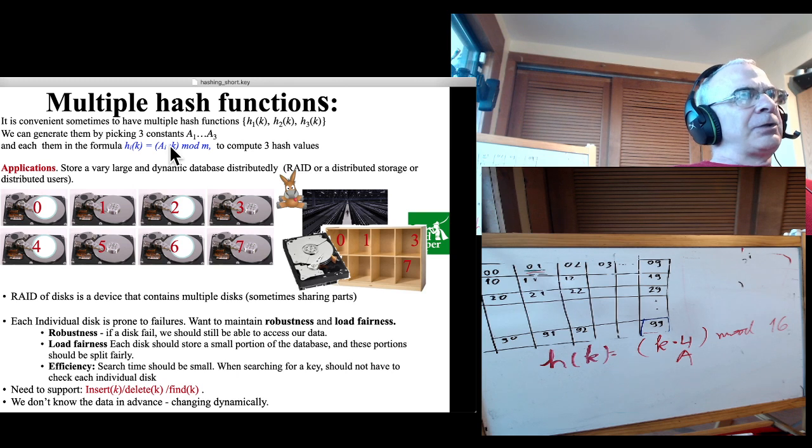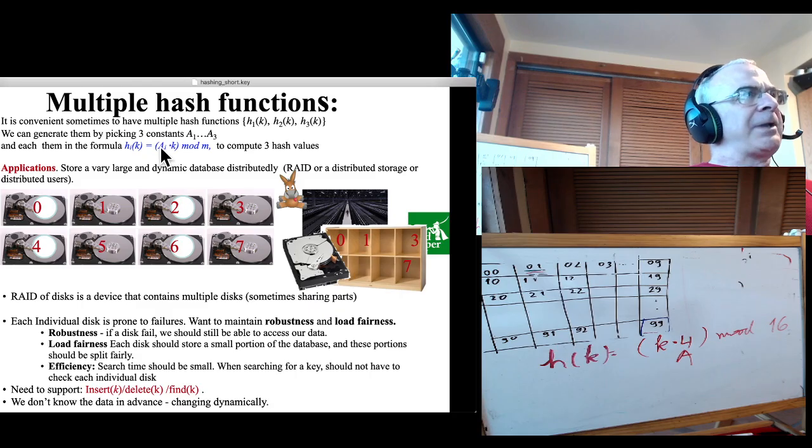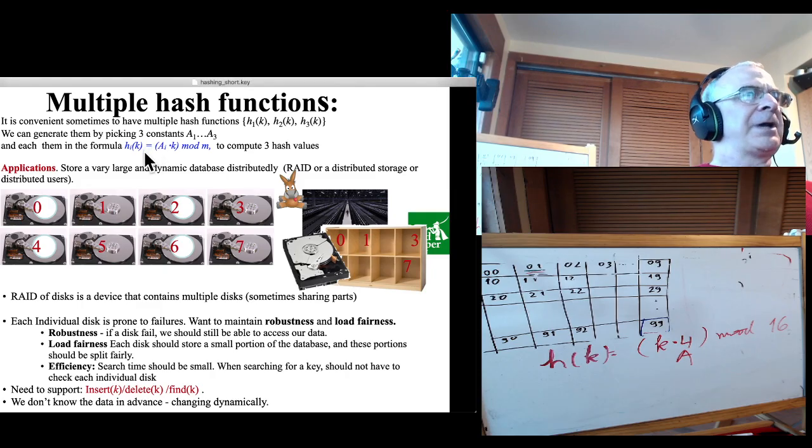What else do I want from my hash function? I don't want each user to store each one of all the songs. Again, I want the same song to be stored by a few different users, but I don't want each one of the users to store all the songs.